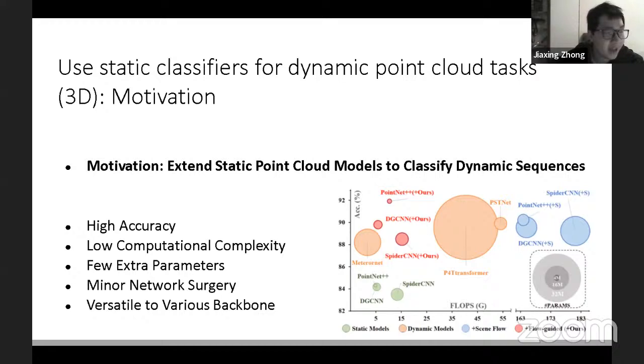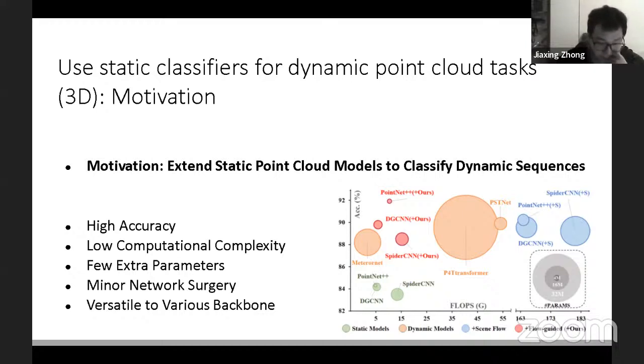We would like to extend static models to classify this dynamic sequence. Similarly, in the 2D domain, some works have tried to extend the image model to classify 2D videos.